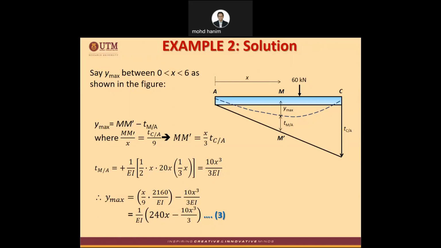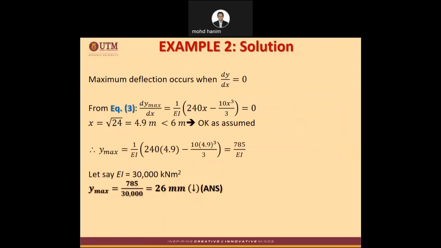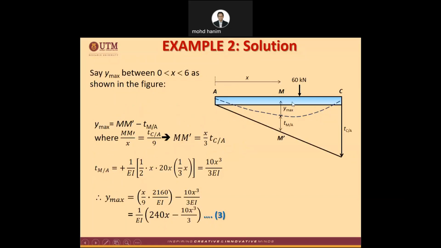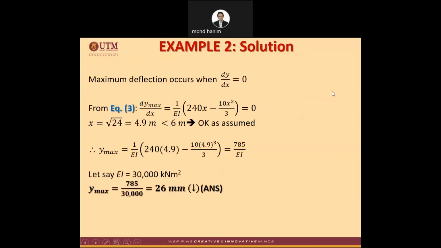Okay, but it is not finalized yet because we do not know x. What is x? Now we go to deflection. We know that at maximum deflection here, slope equal to 0. Then from equation 3, what is equation 3 here?